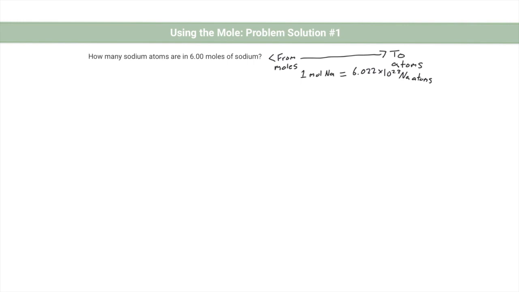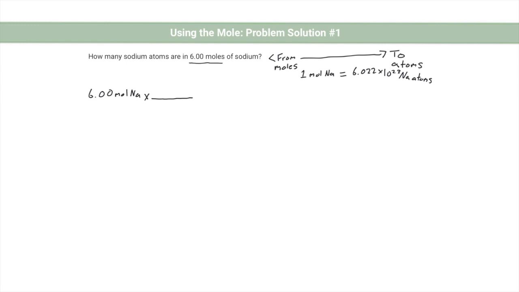Okay, so since we're converting from moles, the problem gives us 6.00 moles to start with. And remember, we want to always write every single unit down. We're multiplying by our conversion factor.